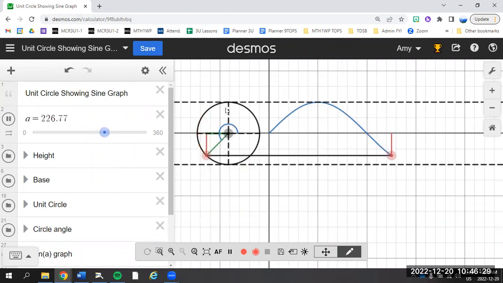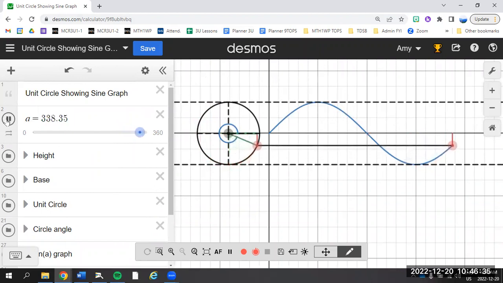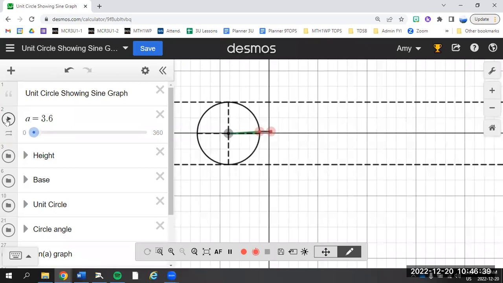Okay. So this is our unit circle, which we're used to seeing. Our A value is our degrees. Okay. So just as you guys have done, as our angle increases, so now we're at 30, 60, and so on, this is the curve that you've created.